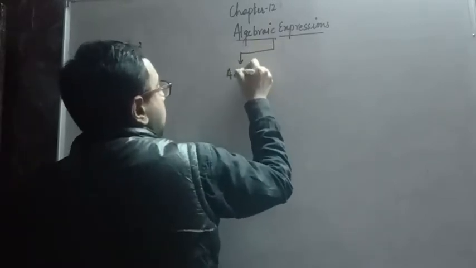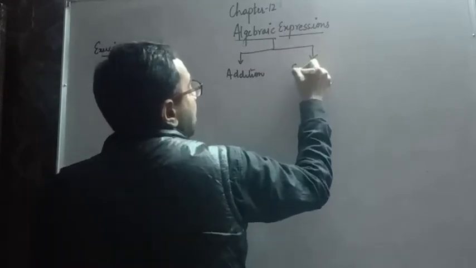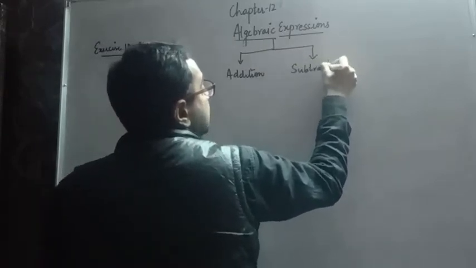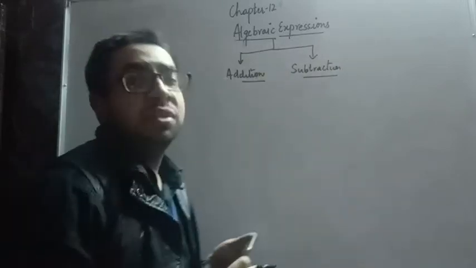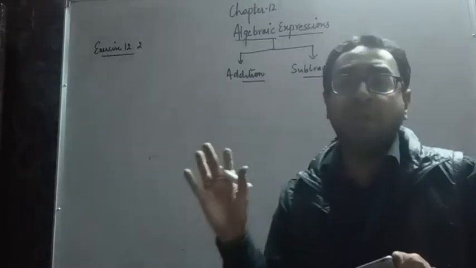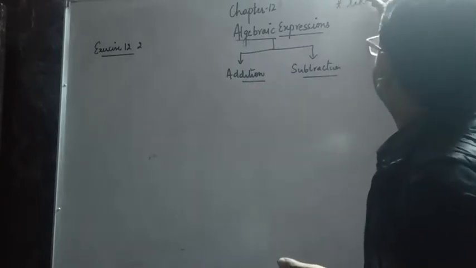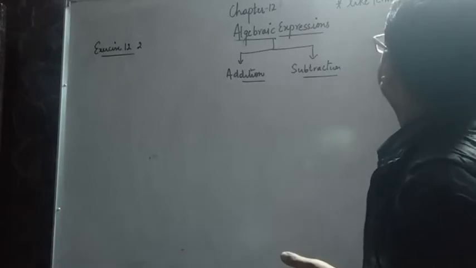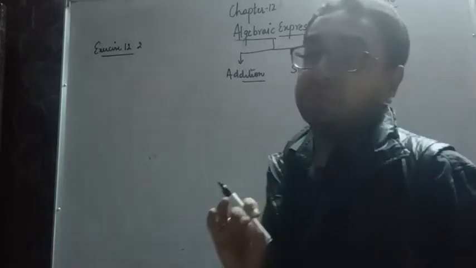And I told you, for addition and subtraction, what is the main rule? For addition and subtraction of any numbers, the terms must be like terms. This is a very important condition. The terms must be like terms. Are we clear?